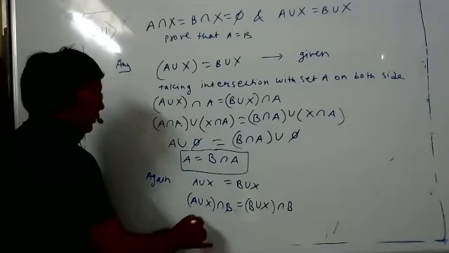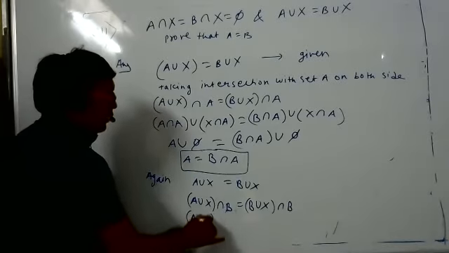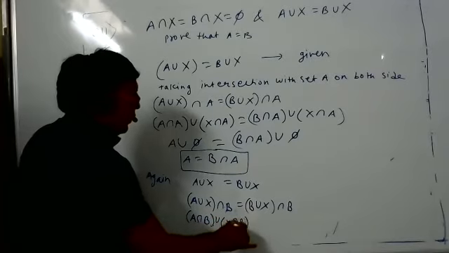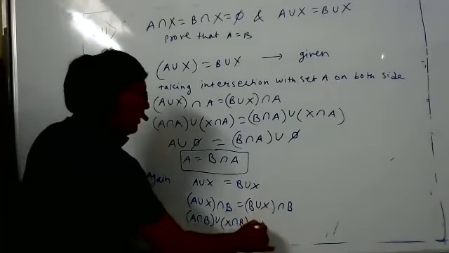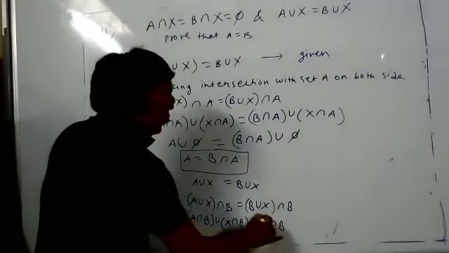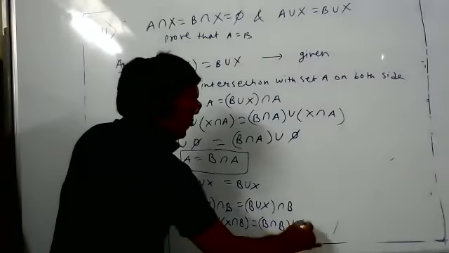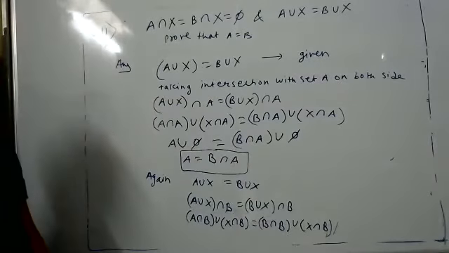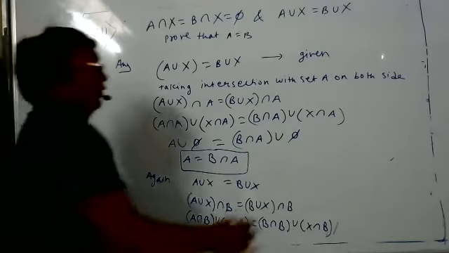A intersection B union X intersection B. Here also B intersection B union X intersection B. Who has doubt on the distributive property? No, sir.